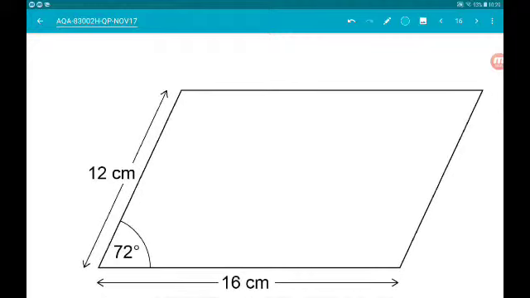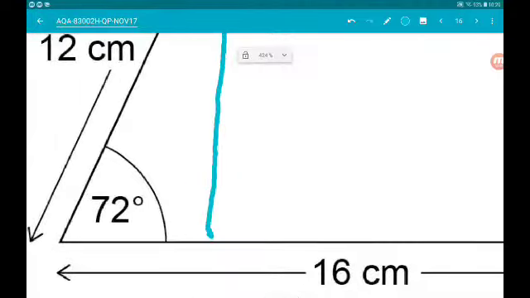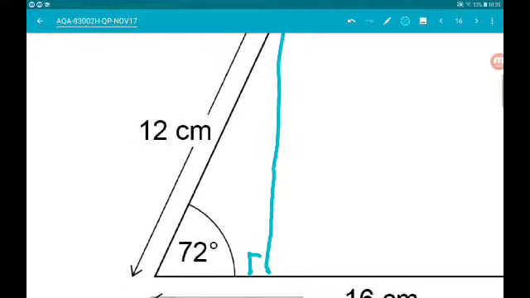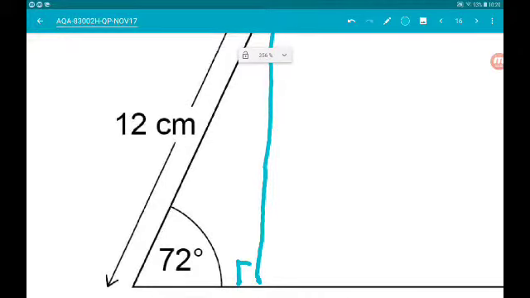So if we draw a line down like that, we've just created ourselves this cheeky little right angled triangle. Now we know an angle, we know one side length, we can work out another side length. So the height is the opposite, 12 is the hypotenuse.